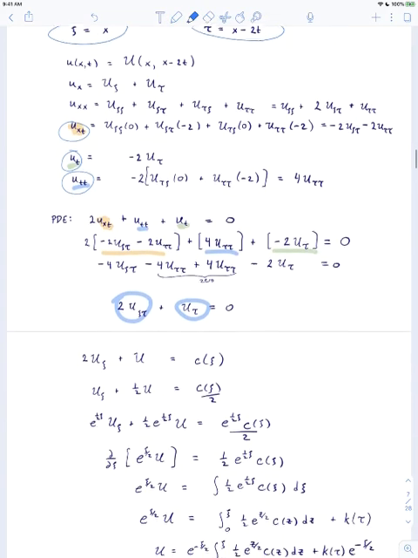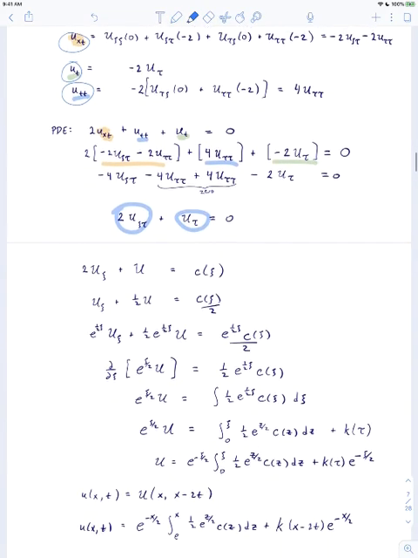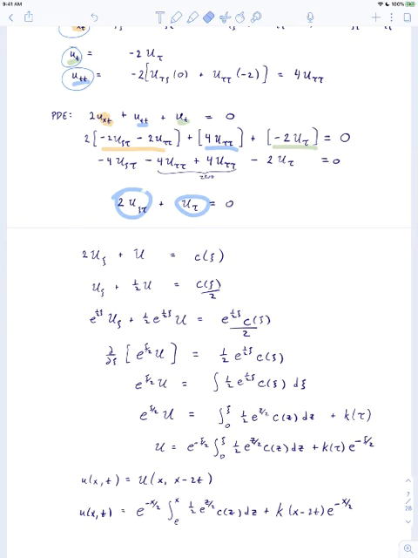So what do we do to solve a differential equation like this? This is what we want to solve right there. Well, notice that this is the derivative with respect to tau of 2 times capital U sub xi, plus capital U, equals 0. That's this differential equation here, d by d tau.